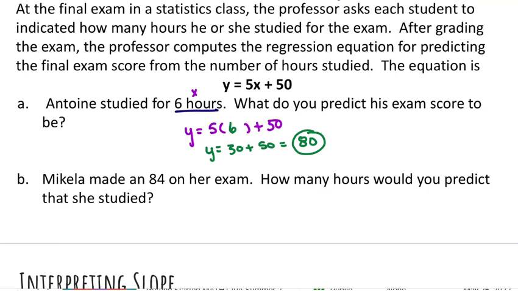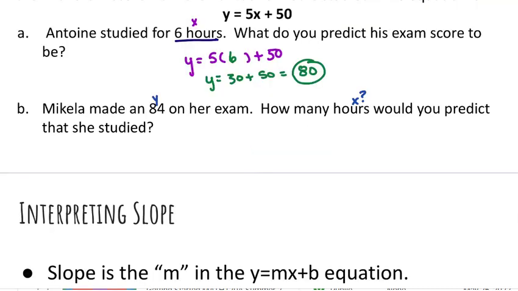Now, the next one, Michaela, we're giving you her score, and we're predicting the number of hours. So we're actually giving you the y, and we're predicting the x. Since we know what the x and the y are, we're going to start with our y equals 5x plus 50, and we're going to replace the y with 84. We're kind of going backwards here.